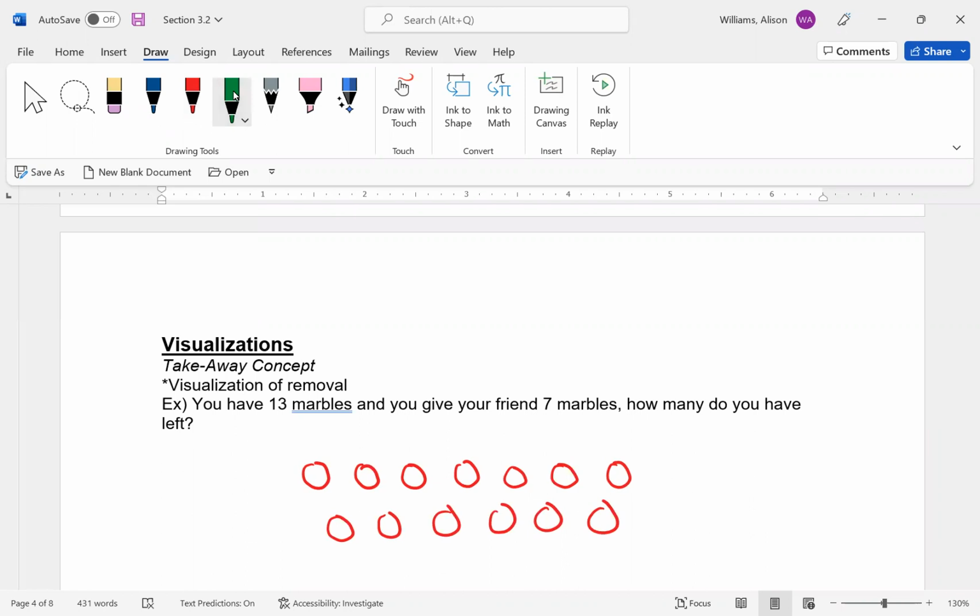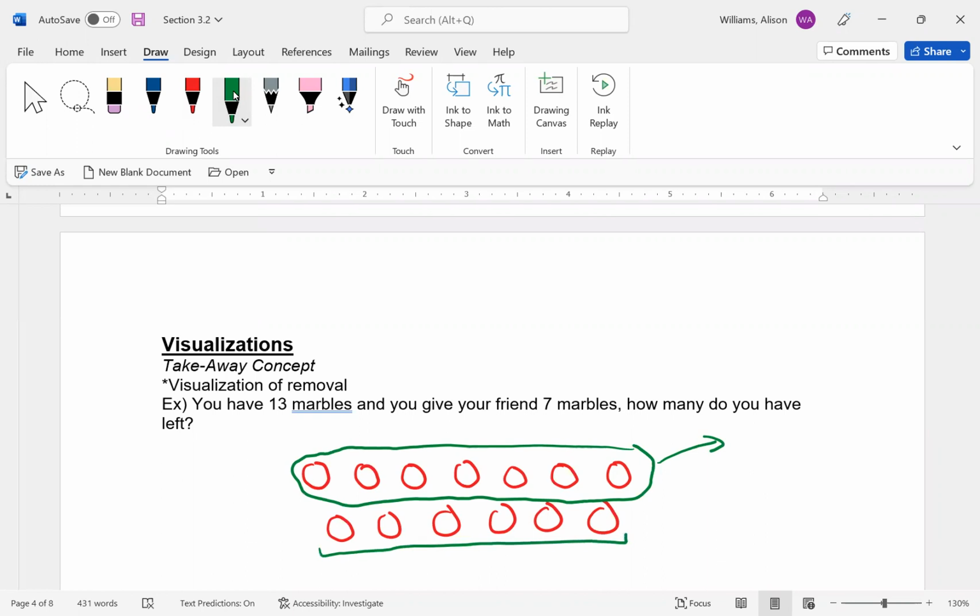If I give my friend 7 of them, I take them away, and I am left with 6. So 13 minus 7 equals 6.